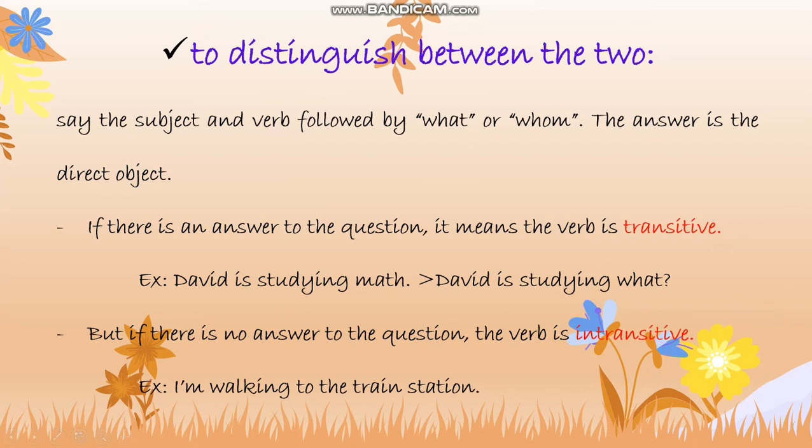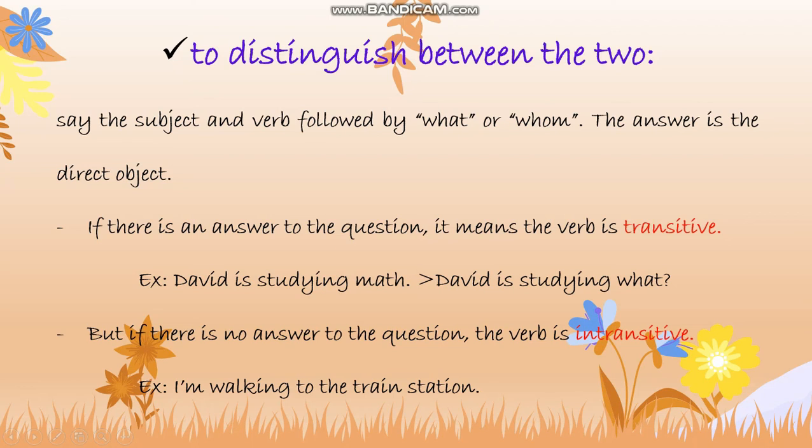Let's take a look at the example. The vet is studying math. You can ask yourself, the vet is studying what? What here is a question word used to ask for the object of the word study. If there's an answer to what, it means the word study here is a transitive verb needing an object. The object of the word study is math.